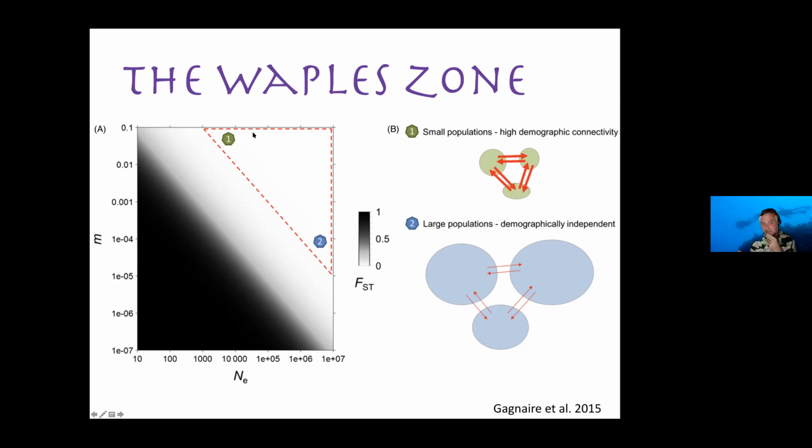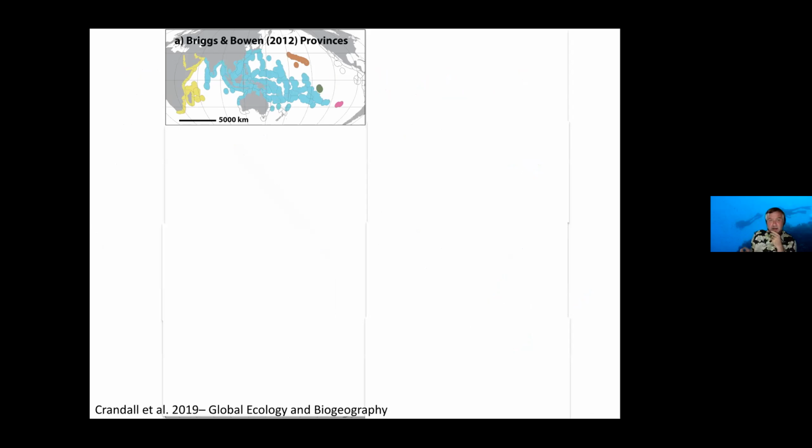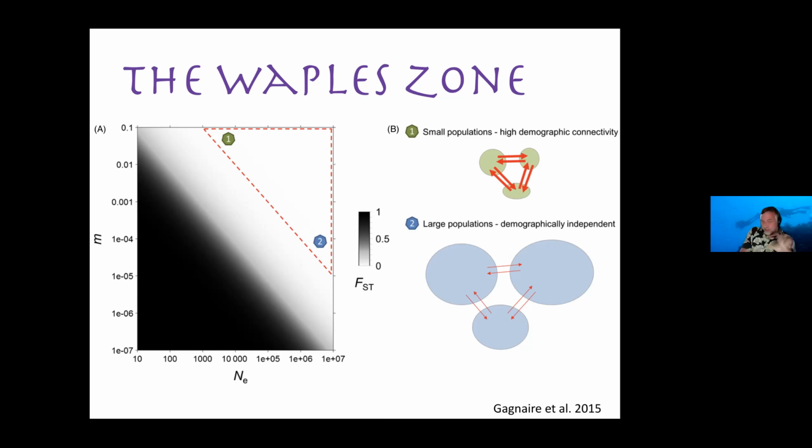And their larvae facilitate relatively high rates of migration, so that with FST very, very close to 0, it can be very difficult to differentiate between very well-connected small populations and large populations that are actually demographically independent of each other. So that's just to outline the problem.